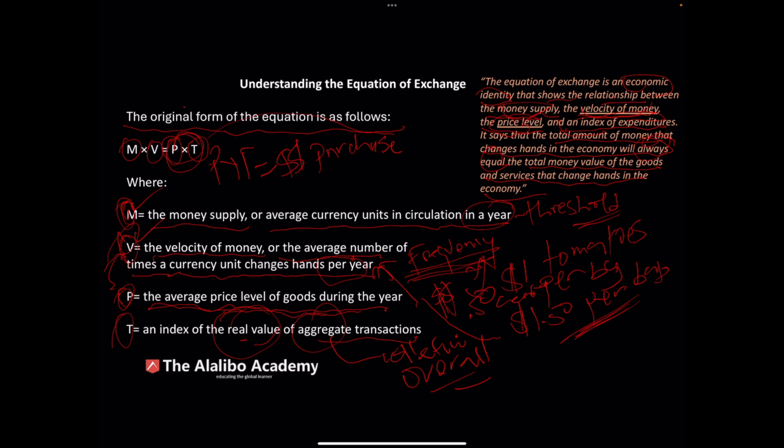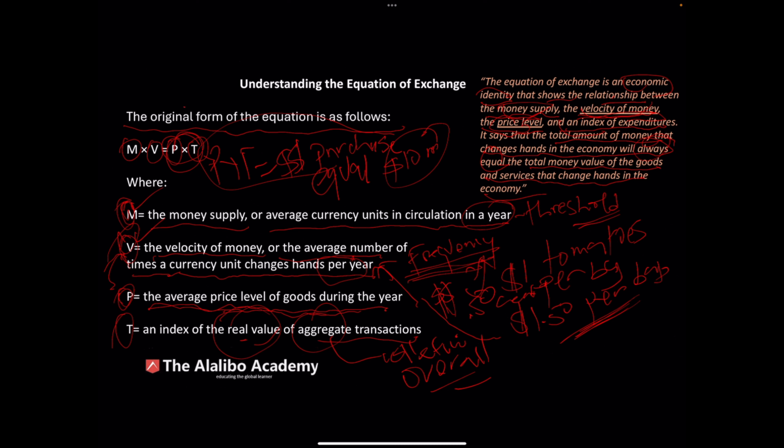That is what this is determining. So P times T must equal, please take note of this, the total money spent. Let's say the total money spent is 10 million. It must equal the total money spent on purchases in an economy in a given year. So 10 million must equal the price and the index of aggregate transactions. And that's what this is saying.